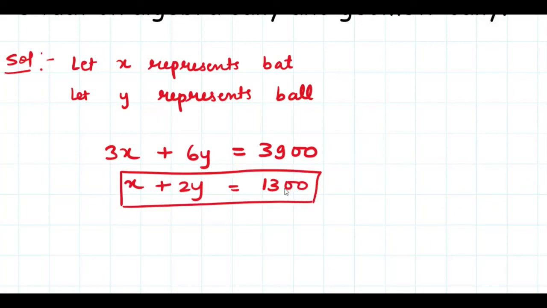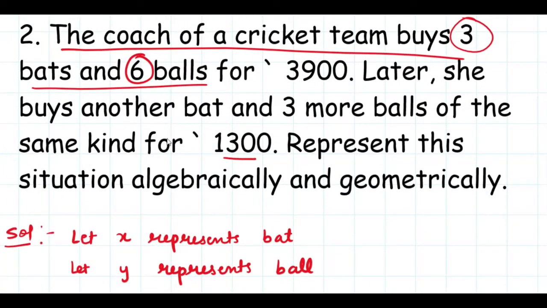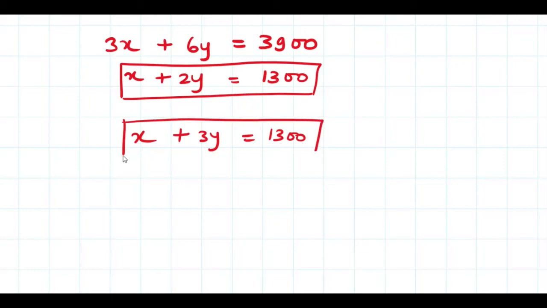This is the first linear equation in 2 variables, and the question further says that the coach later buys 3 more balls and a bat for 1,300 rupees. That is x plus 3y is equal to 1,300, which is already in simplified form.